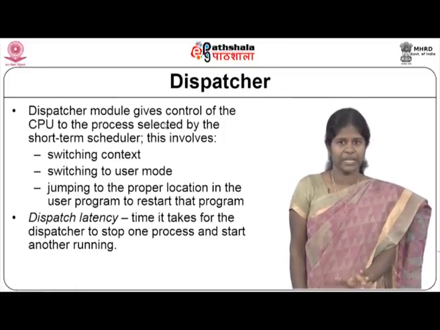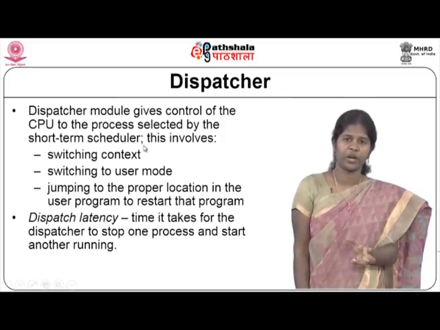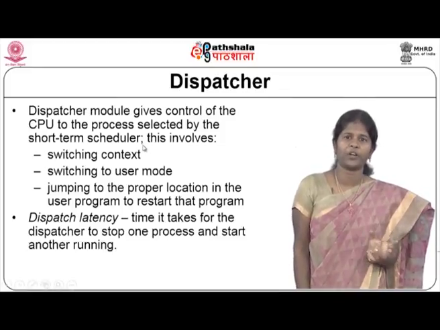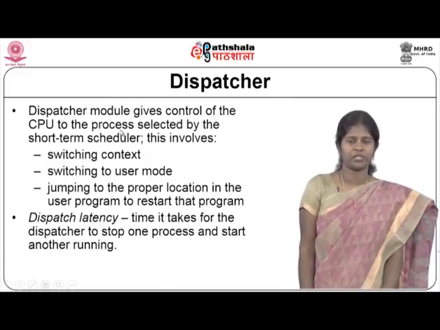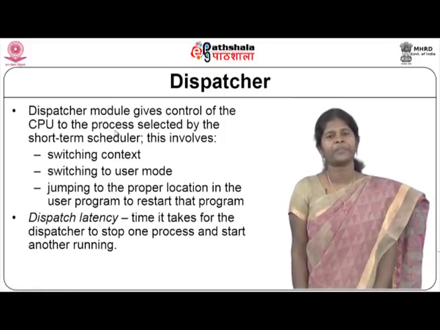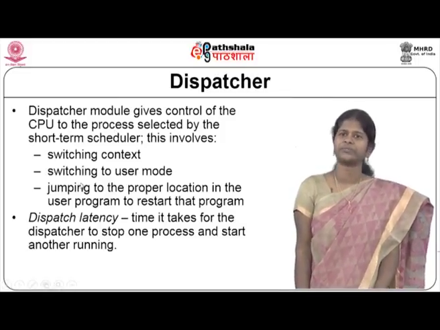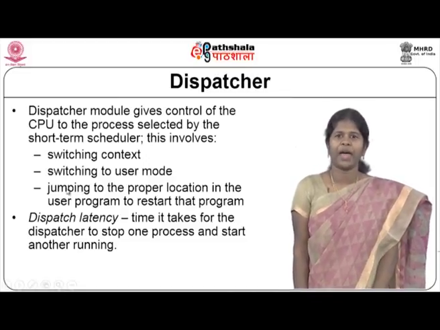So, this involves switching context. What is switching context? The context of the old process should be saved and the context of the newly selected process should be loaded. So, now the CPU scheduler has selected a new process and the dispatcher is supposed to load the new process into memory and to start it executing.